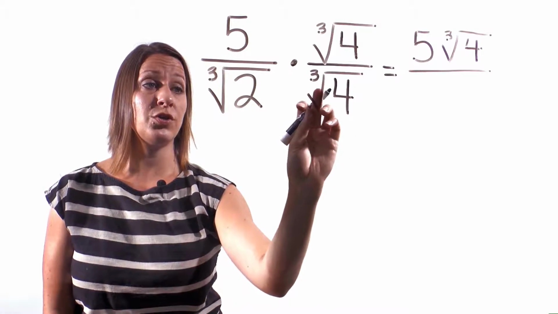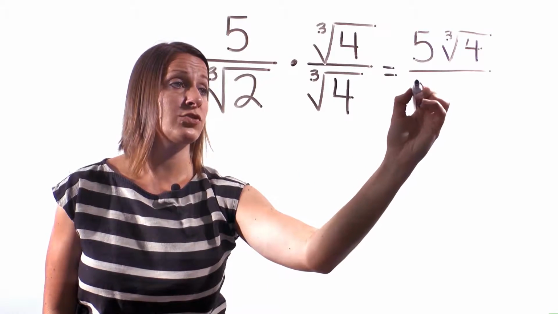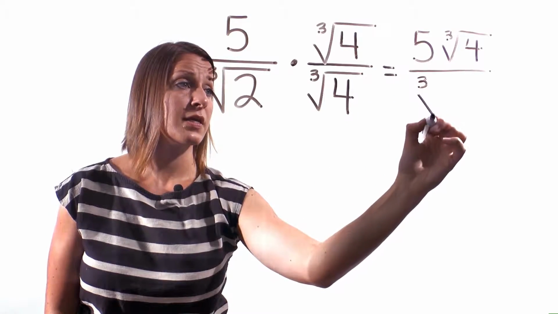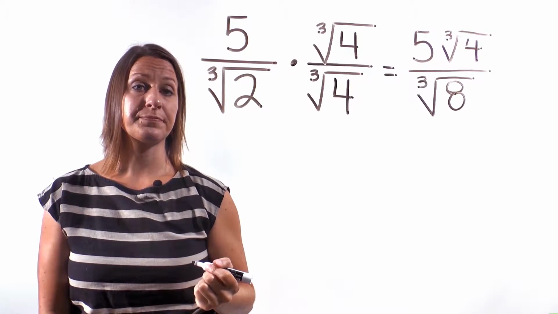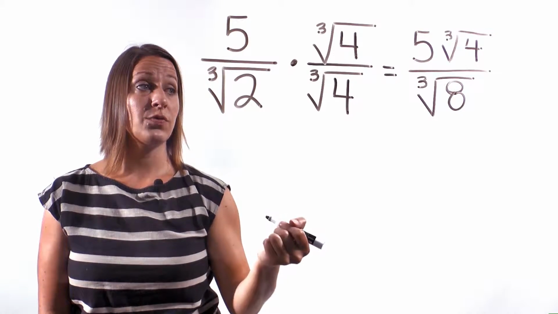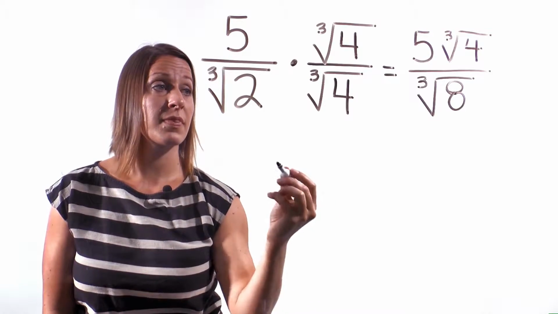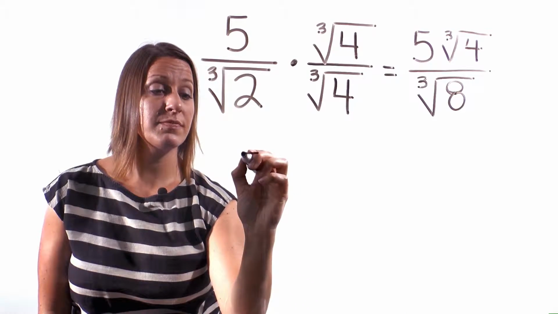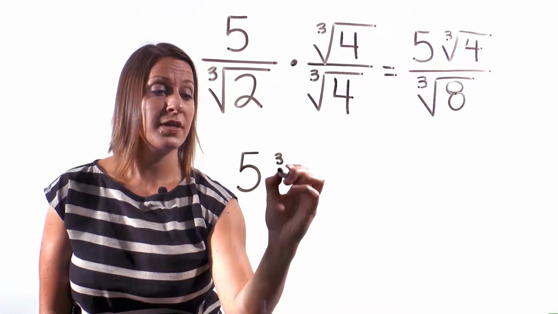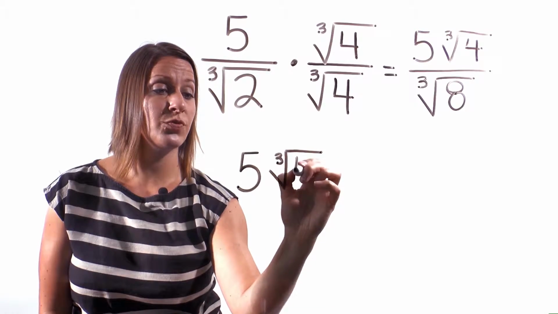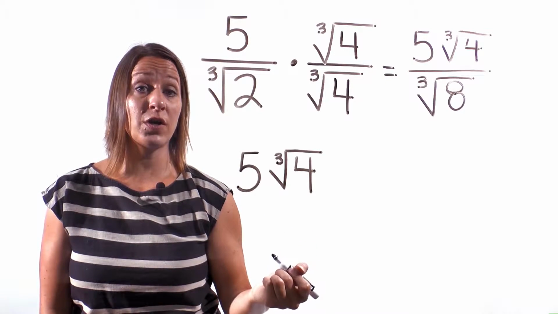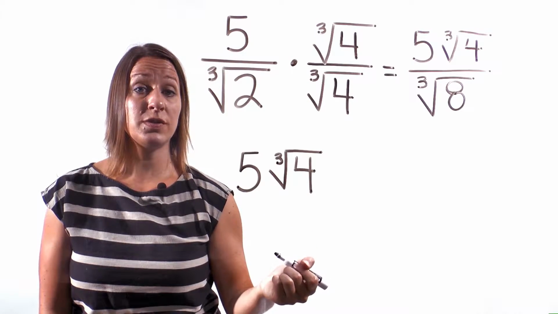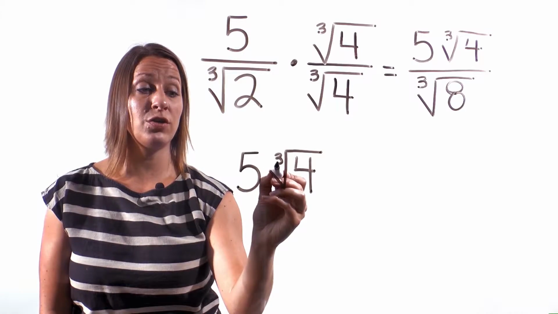Because they're both cubed roots, you can multiply straight across to get the cubed root of 8. Next, we're going to simplify this. The top is actually going to stay the same, 5 cubed roots of 4, because if you were to make a factor tree of 4, there's only 2 2's in 4, and we have a cubed root.